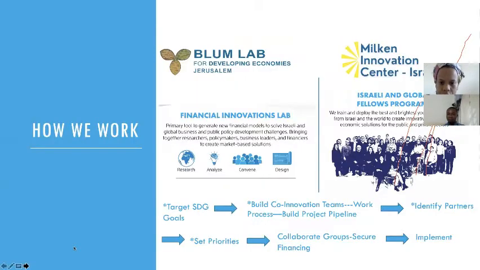I just wanted to describe this little slide about how we work, which is really at our center. Basically, we have a work process where we try to research and analyze, convene the number of business leaders and financial practitioners and technology leaders together to focus on these issues of sustainable development goals.